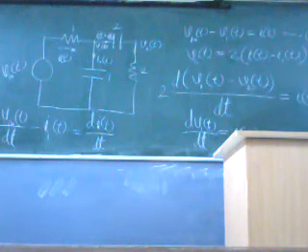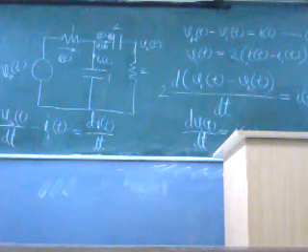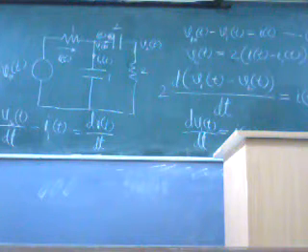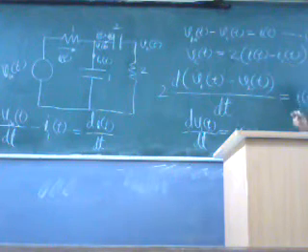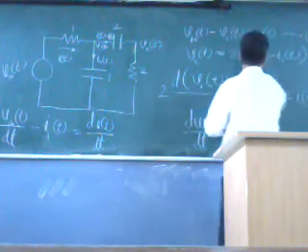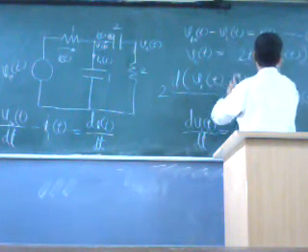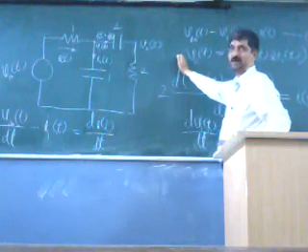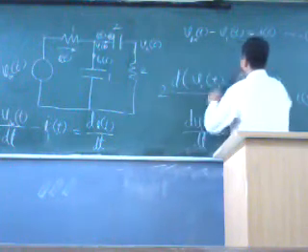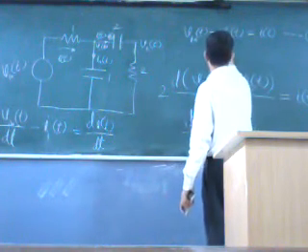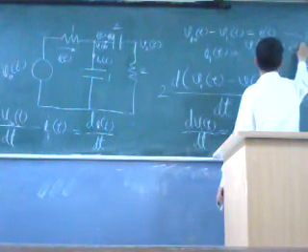Now I should get rid of I1(t) also. How can I get rid of I1(t) now? I1(t) I can put in terms of the equation, with minus 2 I1(t) going to the other side. So I can write I1(t) is equal to V2(t) minus 2I(t) upon 2.